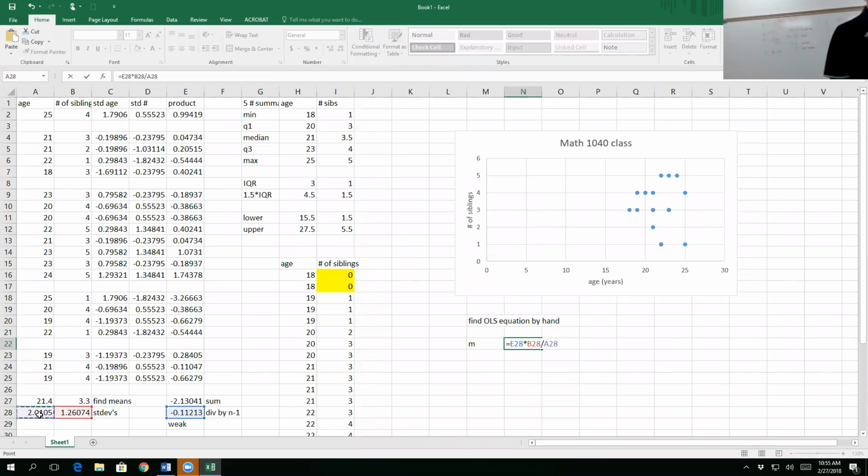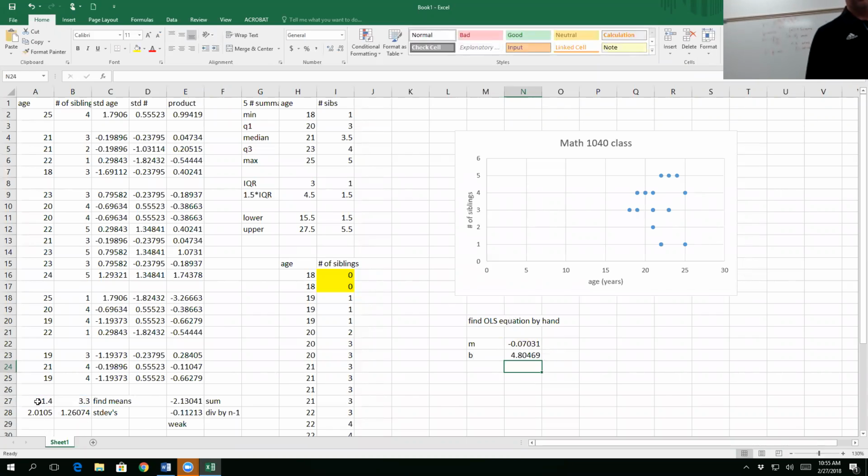So you can see how important finding that is. Okay? All right, so my slope is negative 0.07. My b is the mean of the y, which is 3.3, minus m, which is right above it, times 21.4 years. By the way, I think we went from 22 to 21.4, right?